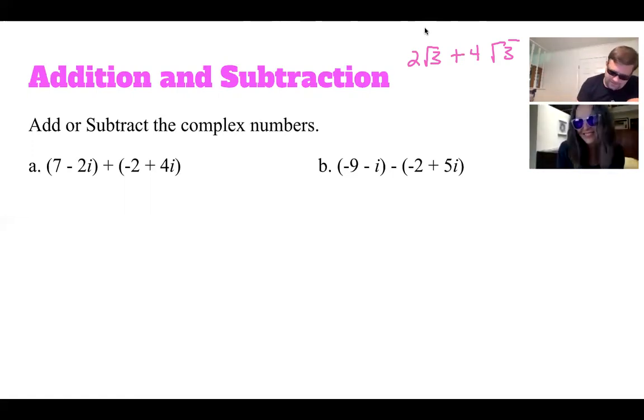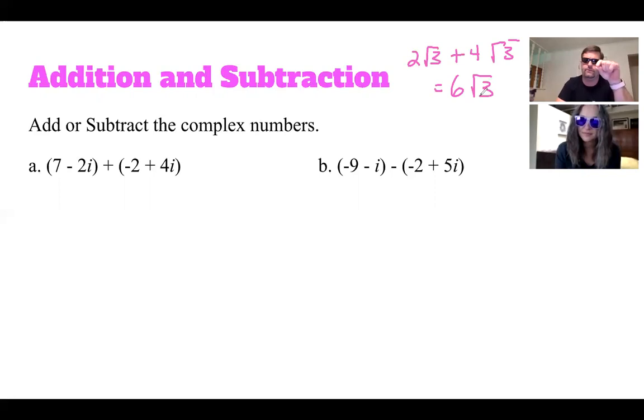When we did this in algebra, that would be 6 square roots of 3. We add radicals like we add like terms. We add like radicals. So i is a square root, or radical. So we just add i's like radicals.